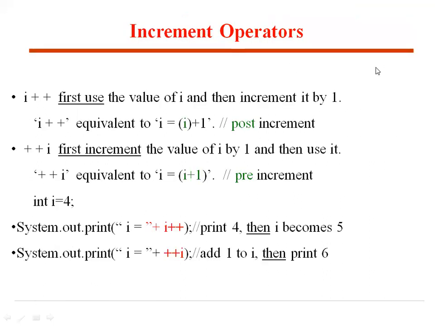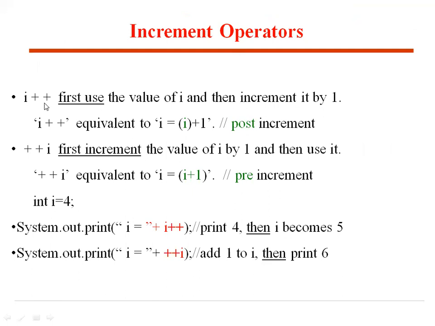First, we'll talk about the increment operator in detail, how it can be used and what it does. If I write the expression i plus plus, what does it mean to the compiler? We are informing the compiler to first use the value of i and then increment it by 1.